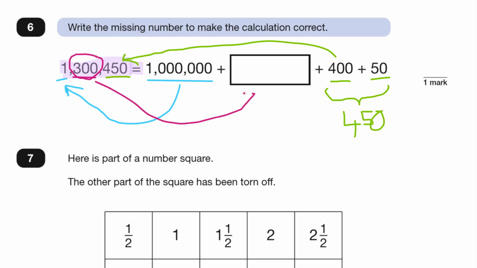That is what's missing. But it's not 300, it's 300,000. So we would write in 300,000. Okay, this is a simple partitioning. You're taking a big digit and you are partitioning it into its separate parts. We're looking at how many millions, how many thousands, how many hundreds, and how many tens.